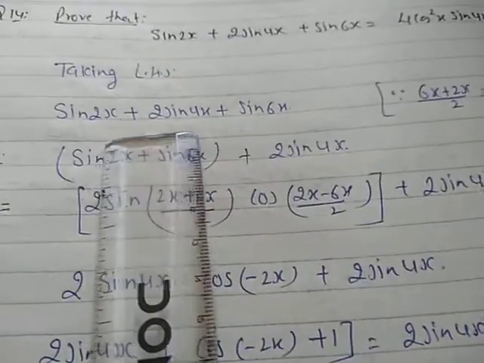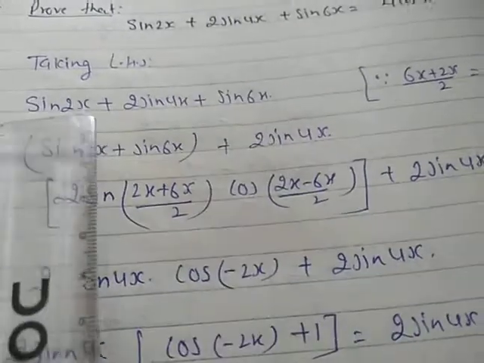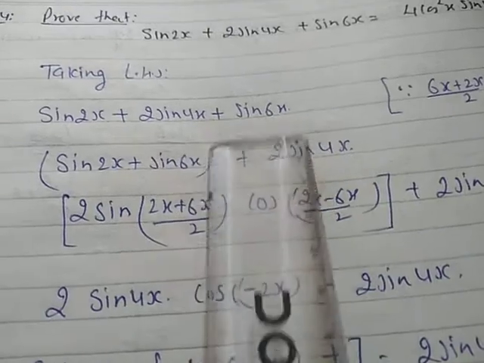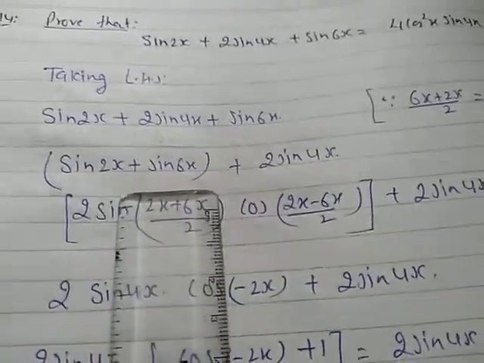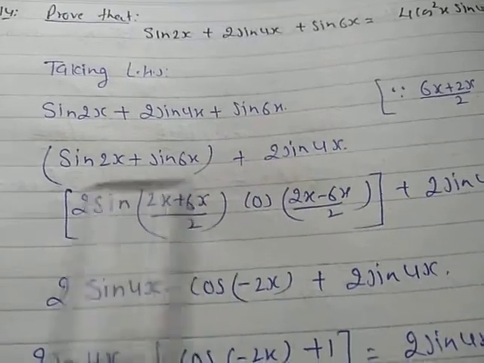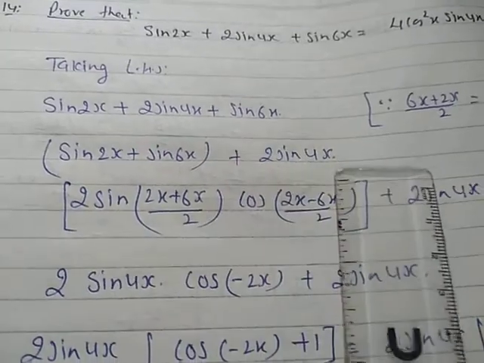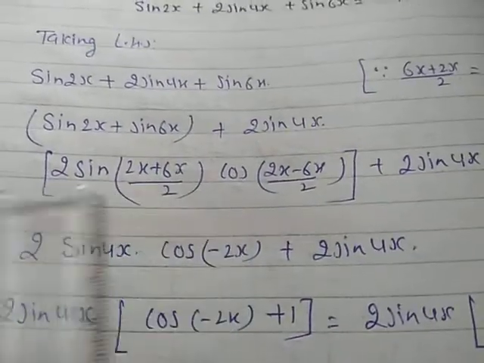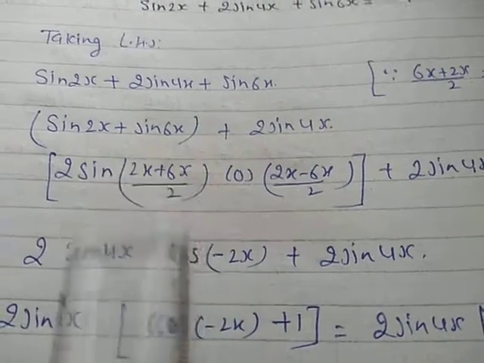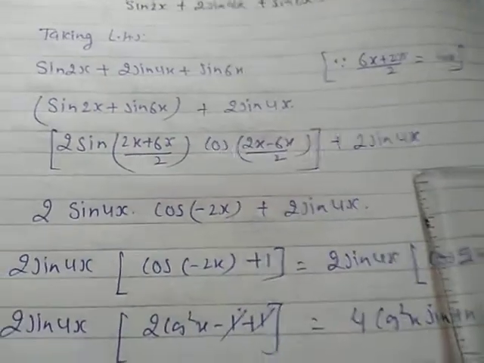So now sin 2x plus 2 sin 4x plus sin 6x is equal to, the first step is to take a bracket for sin 2x plus sin 6x, because we need to do operation for these 2 functions first, plus 2 sin 4x. Here we have to use sin a plus sin b: 2 sin (2x plus 6x)/2 cos (2x minus 6x)/2, and here 2 sin 4x.